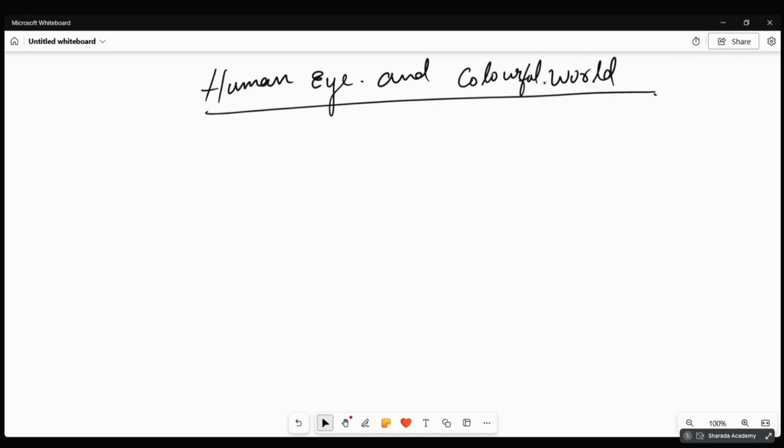And then about the retina, what we studied. The retina is like a screen where the image is formed. It contains cells, that is rods and cones. Rods are sensitive to the intensity of light.